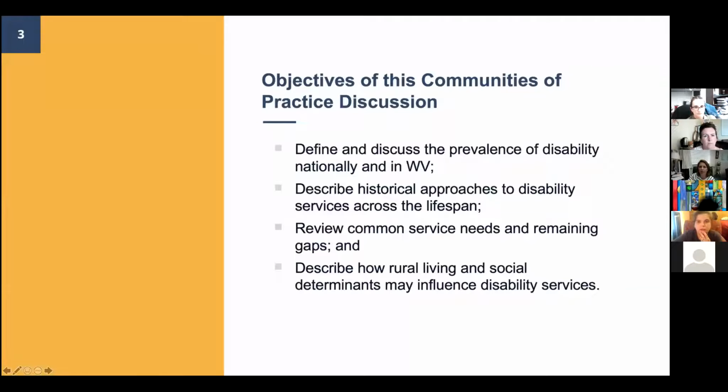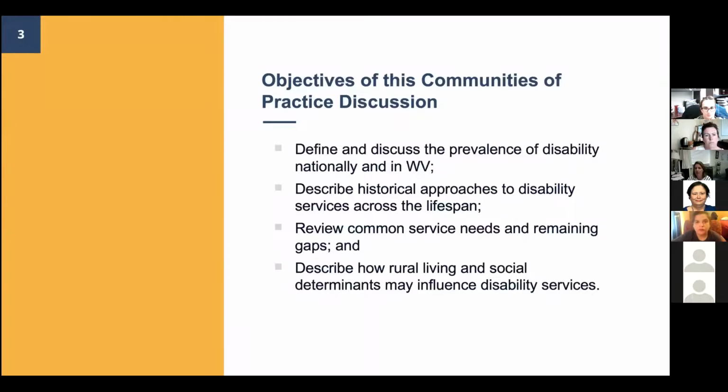report here. By the end of this morning, by the end of the COP, for those who aren't as familiar, or for those who work in it every day, we want us to be able to define and discuss with others the prevalence of disability, both nationally and what we see in West Virginia. Talk about the historical approaches to disability and how we provide services across the lifespan, and how that might have changed or stayed the same over time.